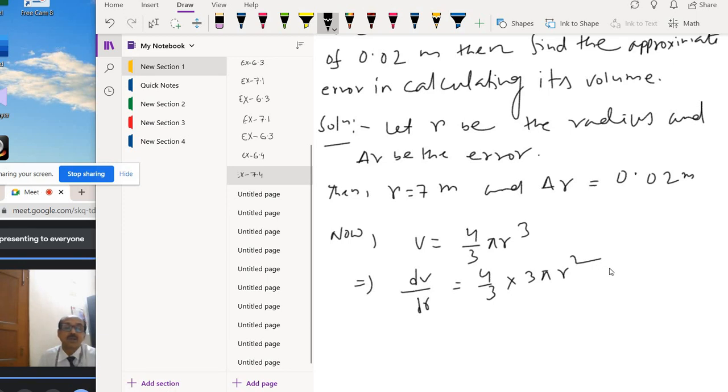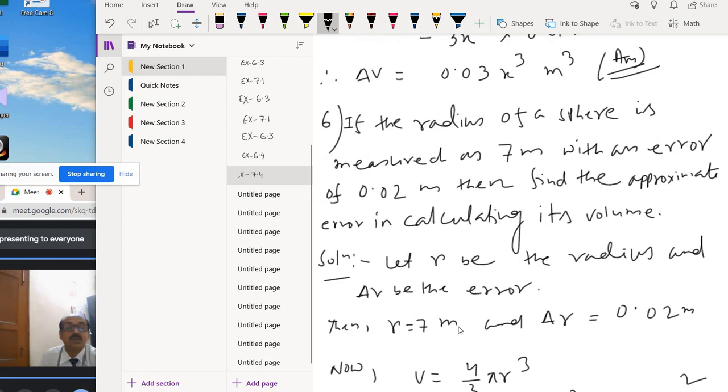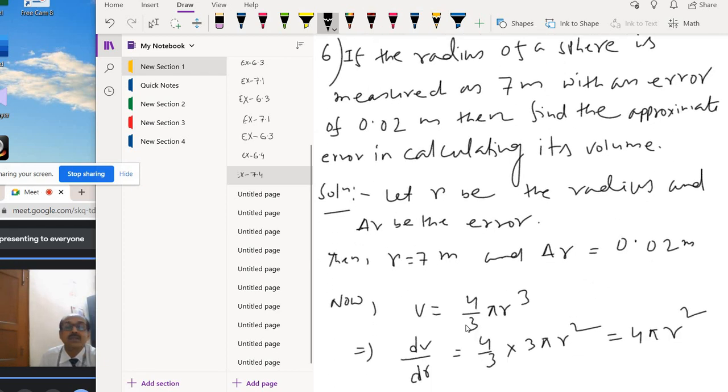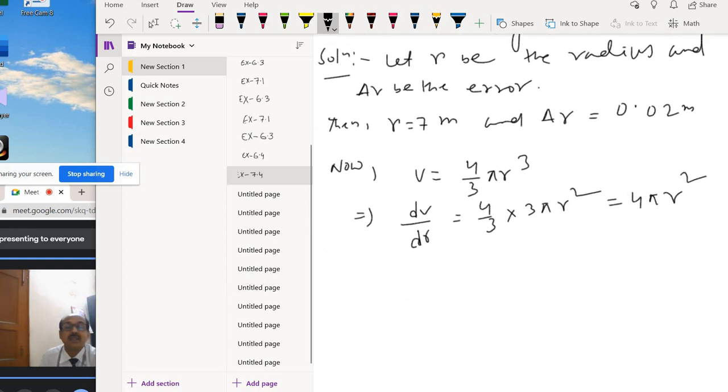The 3 cancels, so it equals 4 pi r square. This is dV by dr with respect to radius. Now the question is to find the approximate error in calculating its volume, that means delta V. So delta V equals dV by dr into delta r.